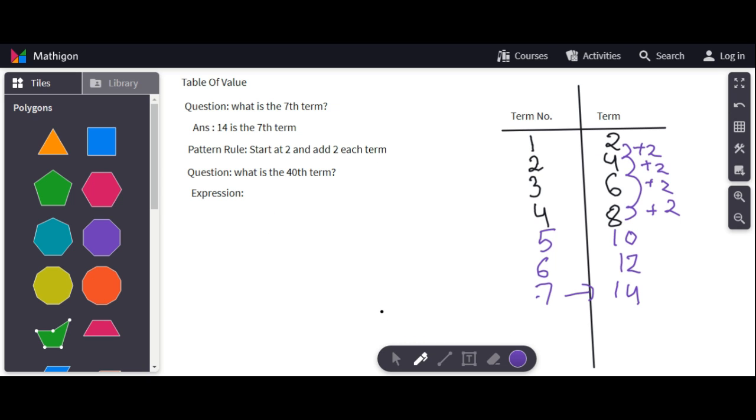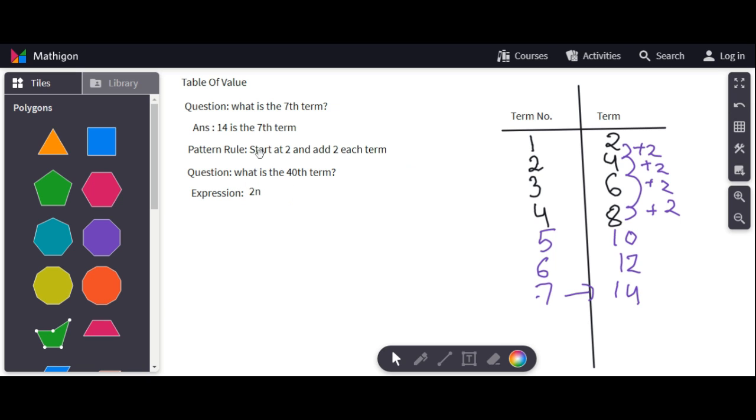So my expression is 2n. Now you're asking, why 2n? When there is a letter beside a number, that means multiplication, and the n stands for the term number, and the term number is 40th.